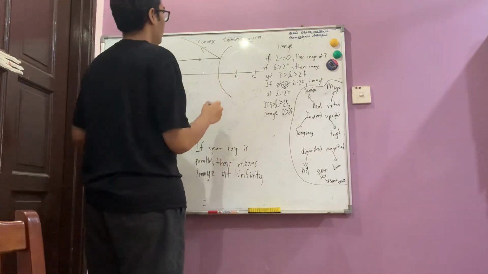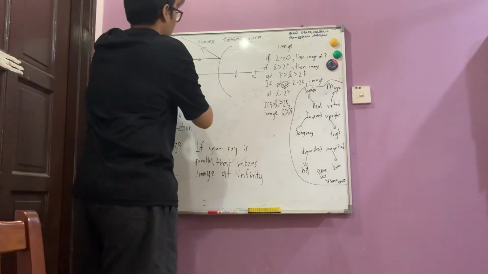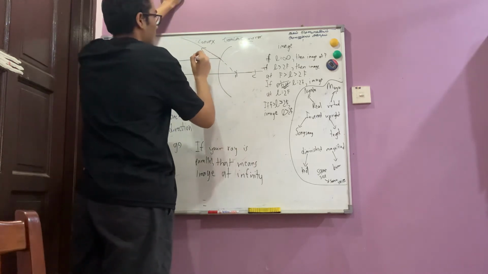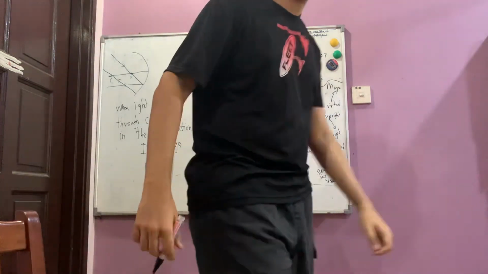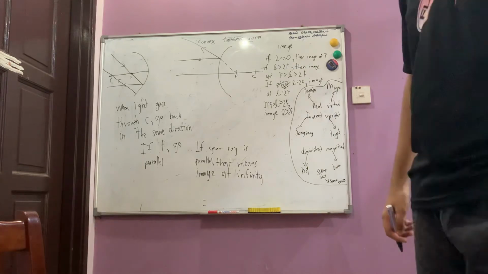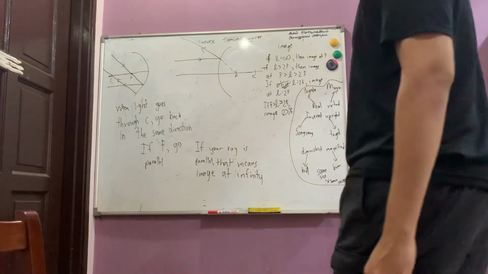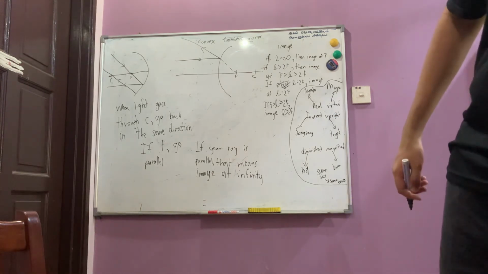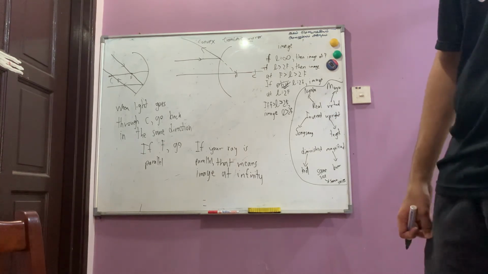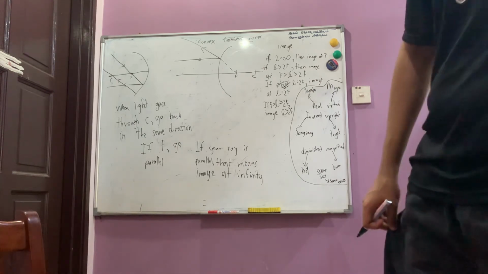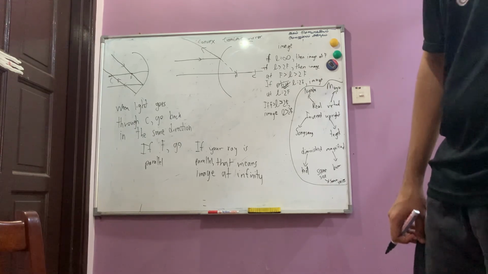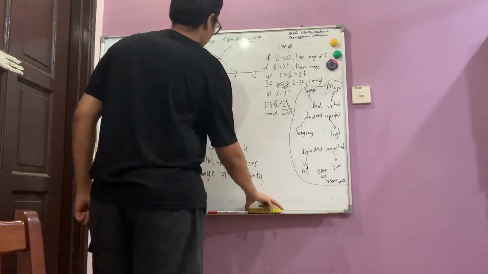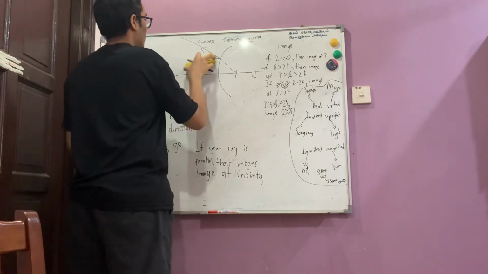Wait, let me finish drawing, then I explain. Light goes like this, after that like this, and then one more. I'll draw with image.